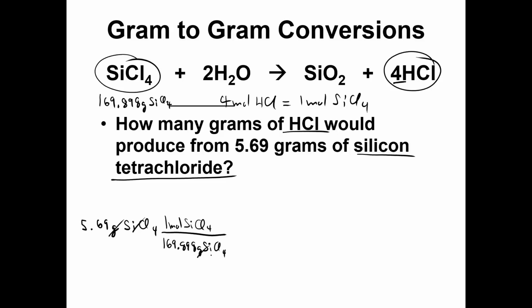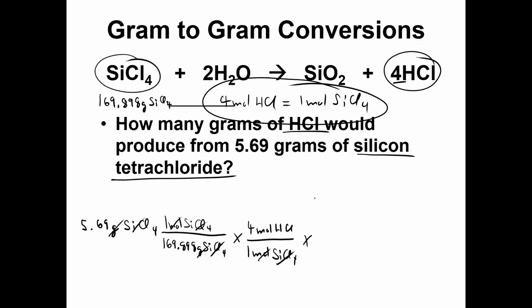Now our units are in moles. Grams of silicon tetrachloride cancel, so now we can use this conversion factor. So times, and we have to multiply by 4 moles of HCl and divide by 1 mole of SiCl4. Again, you're just canceling units here. Moles cancels, silicon tetrachloride cancels. And since I'm asking for grams of HCl, I'm still not done. And the molecular weight of HCl is 36.461 grams for 1 mole, right?